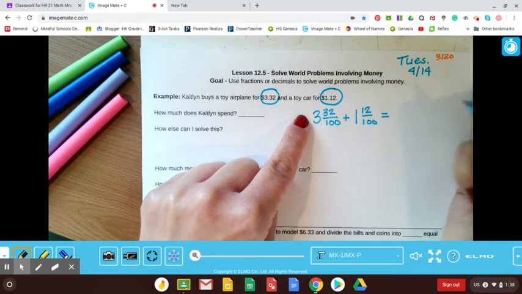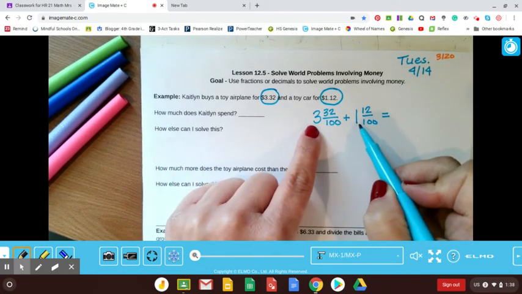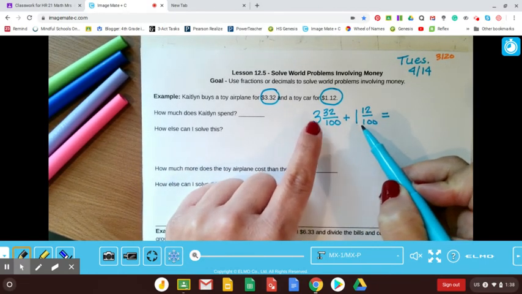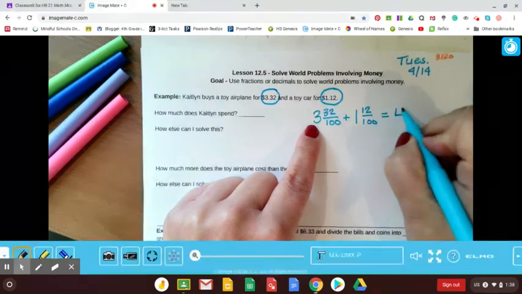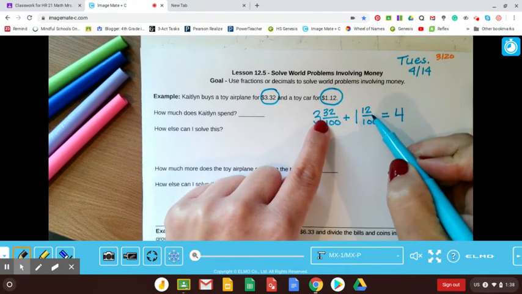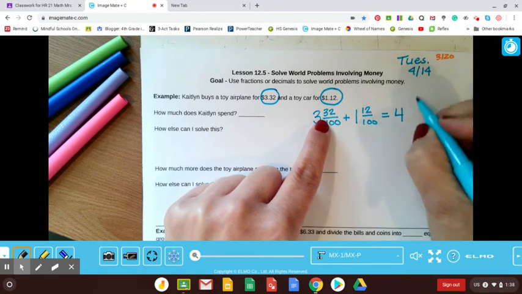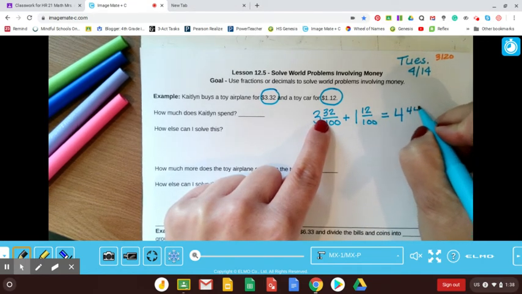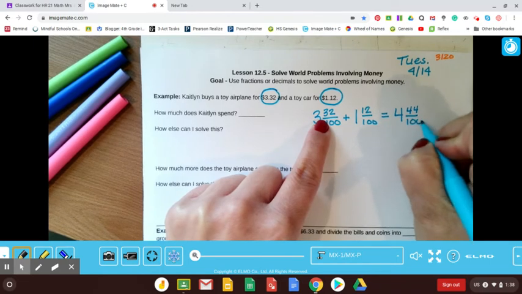And we know that when adding fractions, we're going to add our wholes first. So we're going to add the 3 plus the 1, which would give us 4. And now we're going to add our numerators. So 32 plus 12, right? That would give us 44. And we're going to keep our denominator of 100.